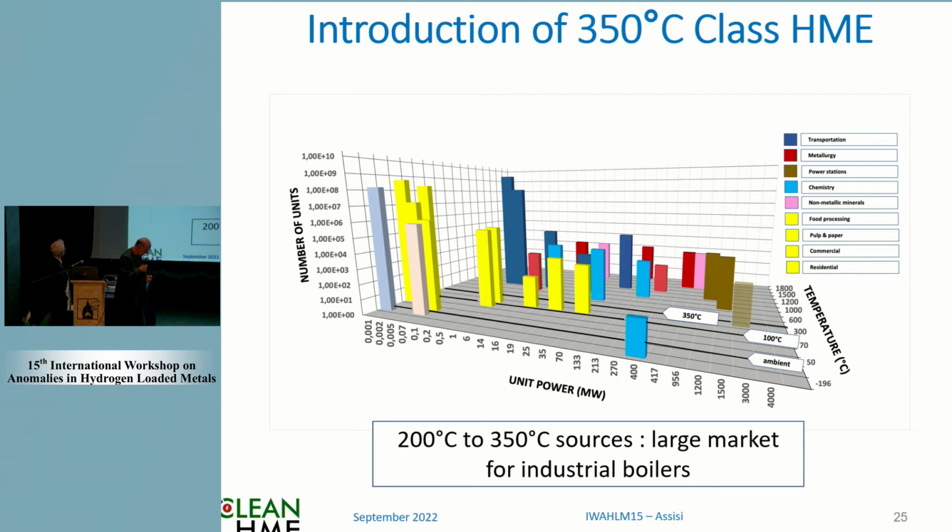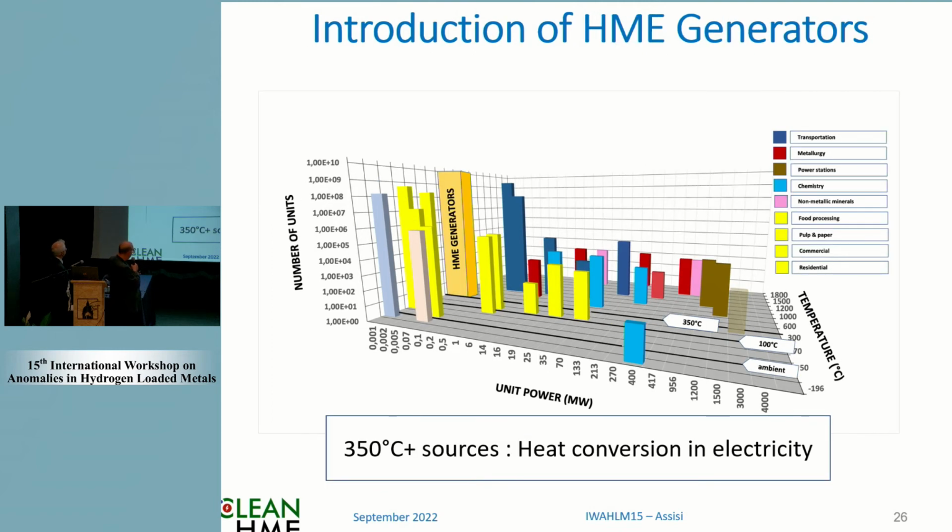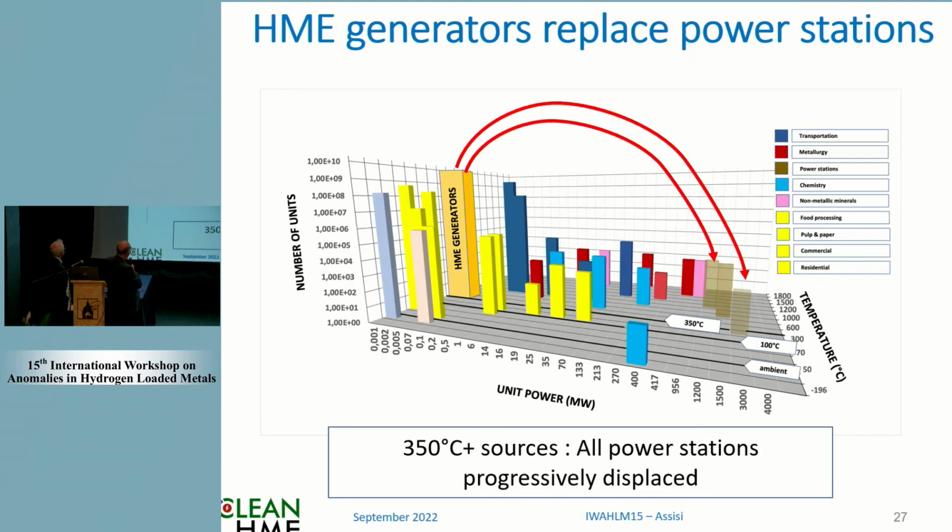That's fine. But if you can do it at 350 degrees C, you can start to imagine conversion into electricity generators. And of course, if you can produce electricity, you don't need these power stations anymore.